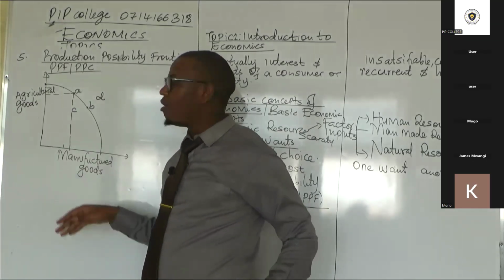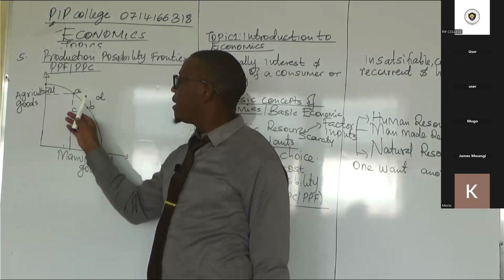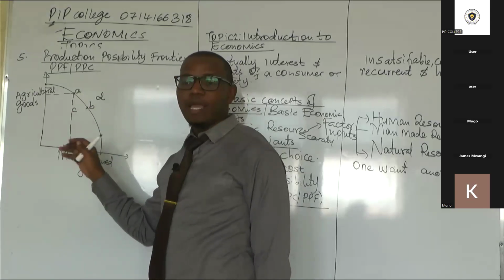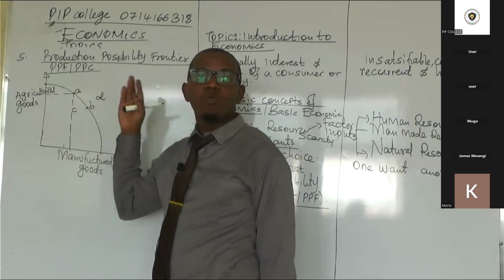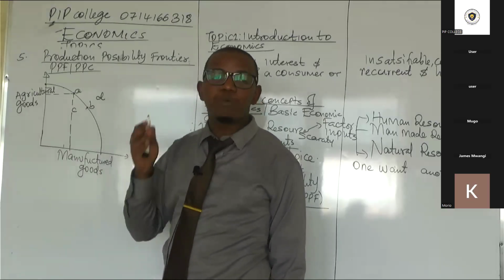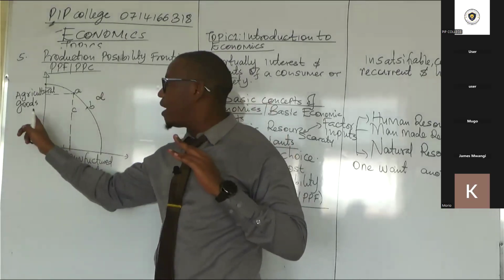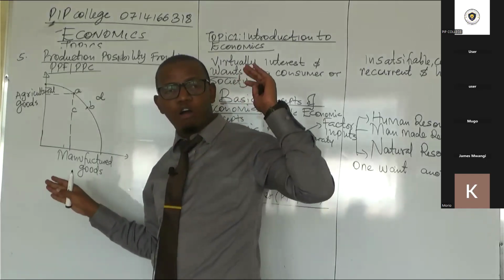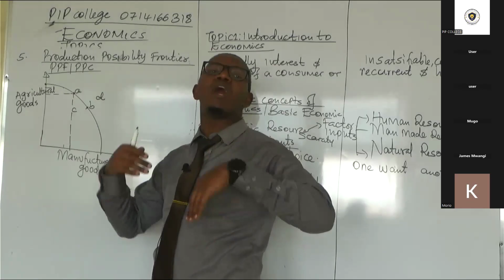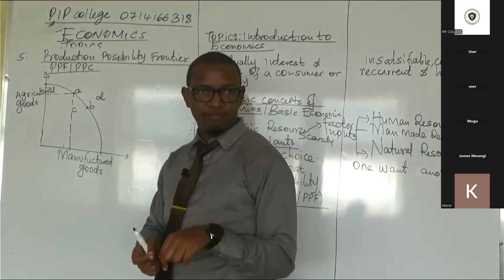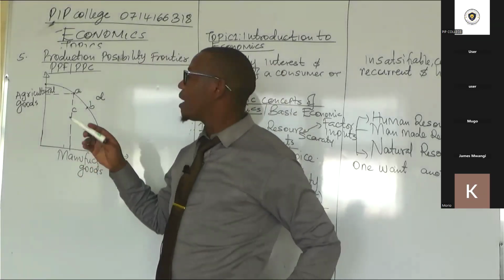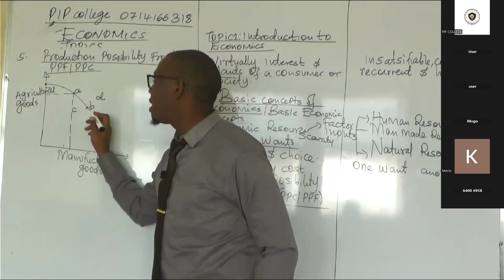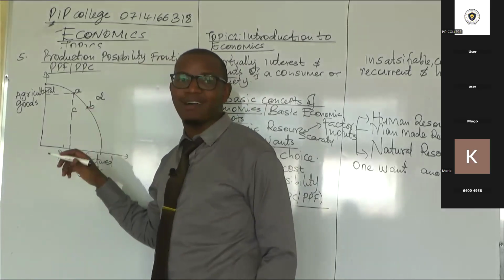When we look at points A and B, it illustrates what we can produce of both agricultural and manufactured goods when all the resources available are fully utilized. So what we can produce is the maximum, whichever is on that curve.